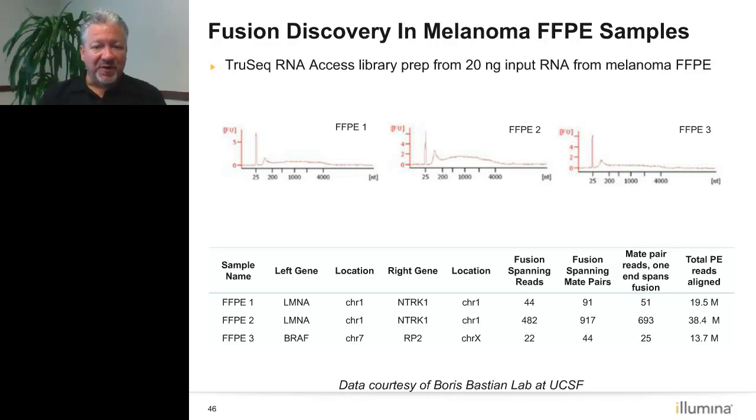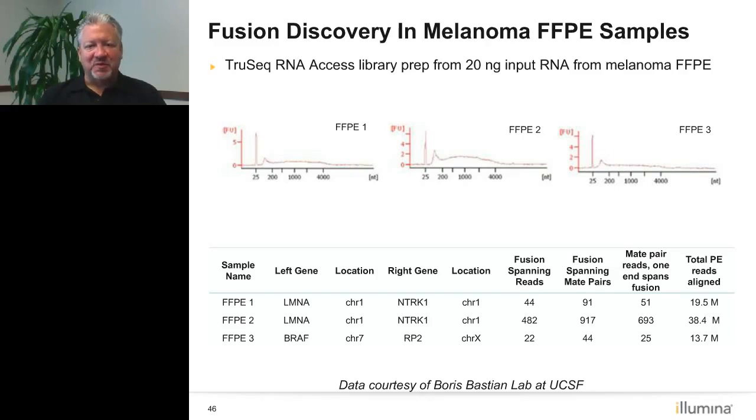They were above our 30% cutoff of DV200, but you can see they're legitimately and highly degraded. We collected about 14 to 30 million reads in this experiment, and what you could see is that we were able to detect a couple of interesting NTRK fusions and a BRAF fusion in this particular patient sample.